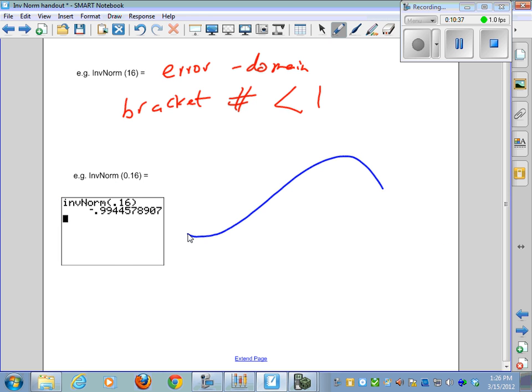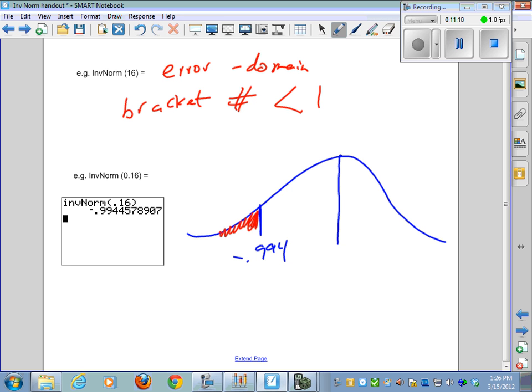Draw the picture. There's the mean. I'm always shading from the left. What percent am I shading? It's whatever's in the bracket, so in this case, 16%. How far do I go to get 16%? Not very far, just a little bit, maybe to about there. What's the z-score that cuts off 16% from the left? Minus 0.994. That's the z-score that cuts that off.